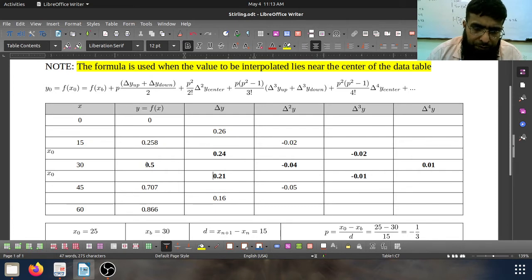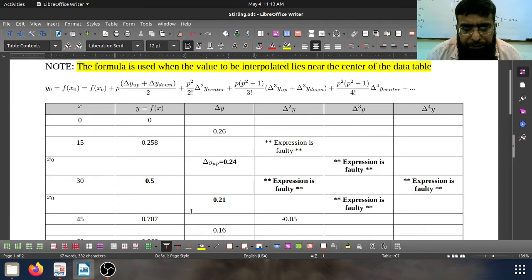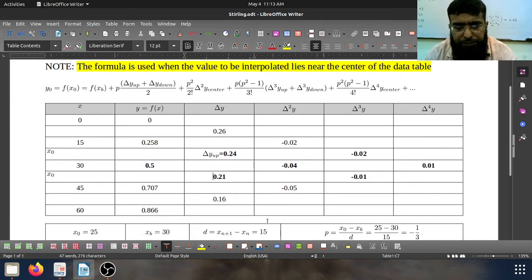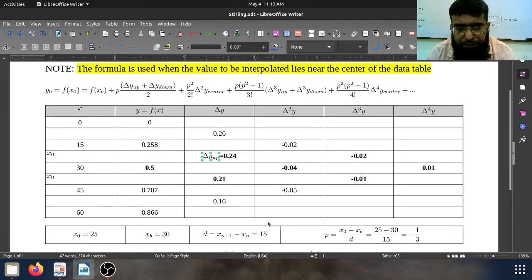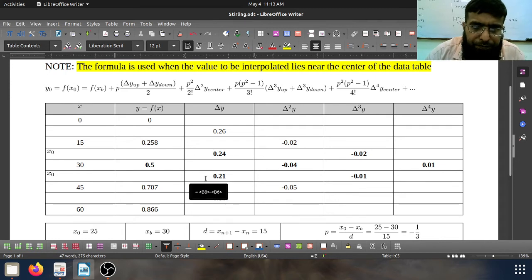So we start with this and go up and down.